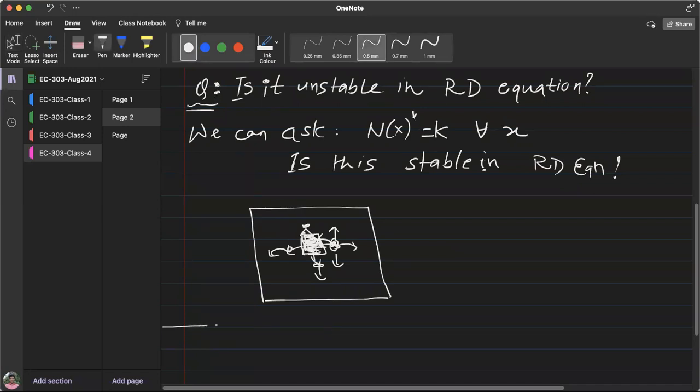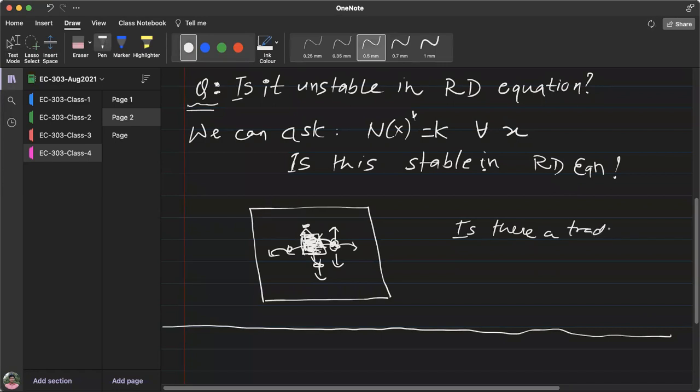So it is the scale of the reaction term and the diffusion term that matters here. Exactly. That's precisely it. Is there a trade-off between local growth and the spreading rate of diffusion?